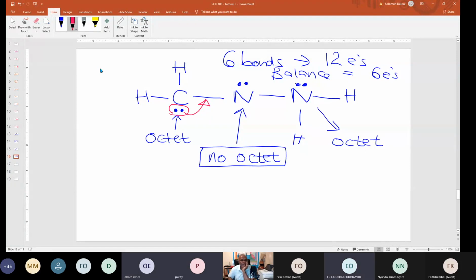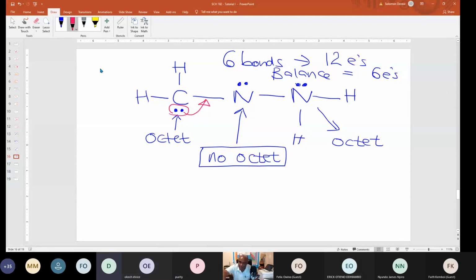What do you think will happen if I use the lone pair of electrons on this nitrogen to form a double bond with the nitrogen? What do you think will happen? Nitrogen will have an excess number of bonds, more than the ones it should form. It becomes positively charged, isn't it?